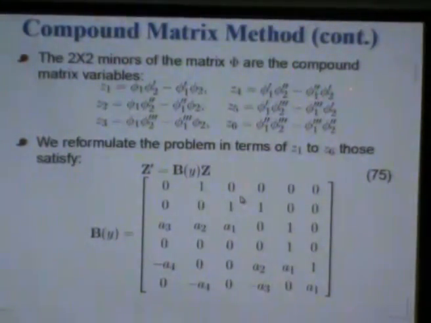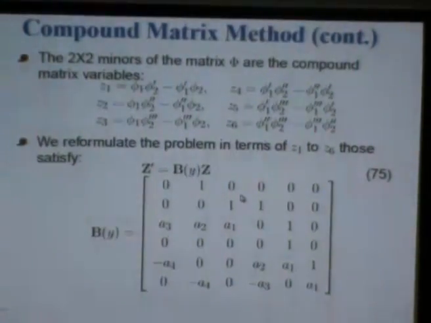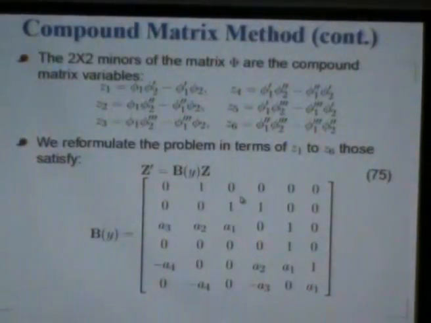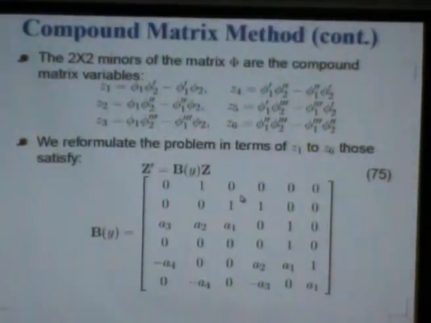Z4 prime will not involve the differential equation. It will just have phi 1 prime and phi 2 triple prime, and phi 1 triple prime and phi 2 prime. That would give you nothing but Z5, and Z5 prime will involve the differential equation, and the same way Z6 prime also will have this.